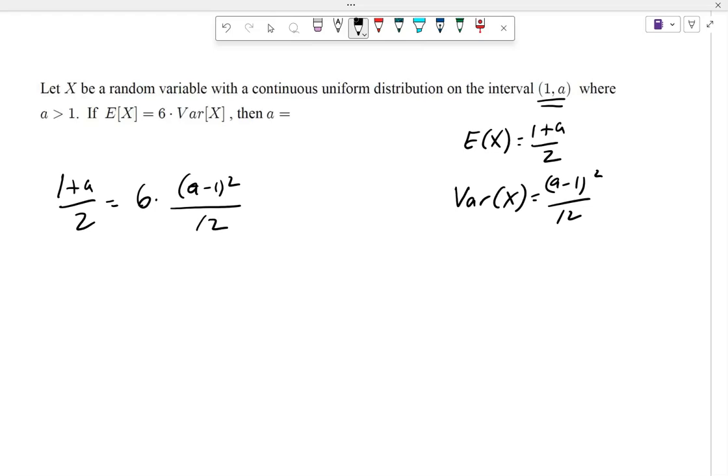Notice there's a 1/2 on the left-hand side as well. So we just get 1 plus a equals, if we multiply out the top on the other side, a squared minus 2a plus 1.